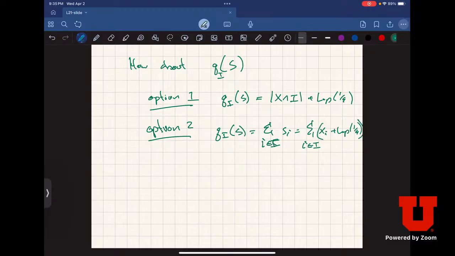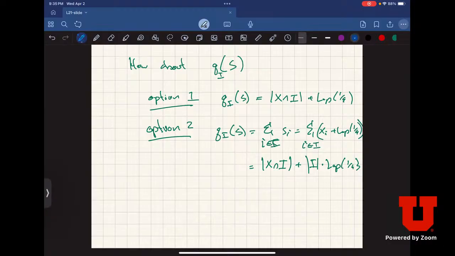Okay, what happens now is I'm getting X intersect I plus the sum of these Laplacian noises. So the size of the interval basically times the Laplacian noise. Okay, so now the amount of noise I've added to this thing is not just e to the -1 in expectation, it's the number of things in the interval times that. So I'm adding a lot more noise now. I still am going to get epsilon differential privacy guarantee, but my answers are not going to be that close.